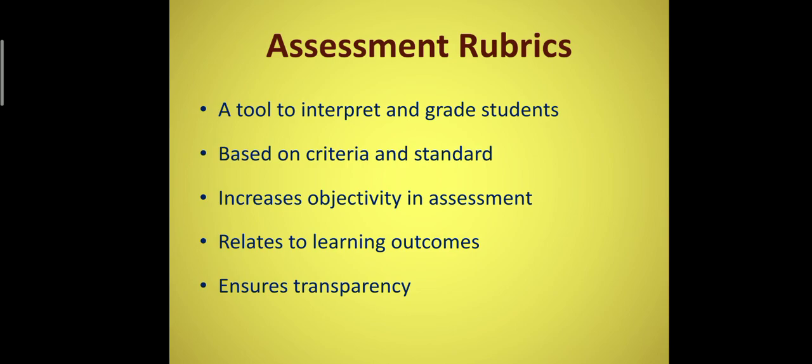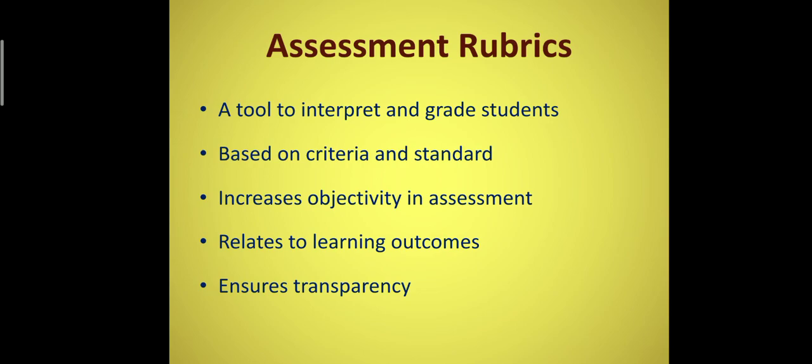So the scoring of the answer script will be on the basis of the guideline given in the assessment rubric. It will be objective. I will use the guidelines of the assessment rubric, teacher B will also use the same rubric, and teacher C will also use the same rubric.